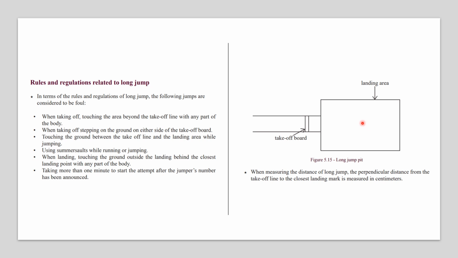So he will be leaving his mark along the landing area, but the distance is taken from the first point, like the first landing mark he makes in the landing area. So it's between the takeoff line and the closest landing mark, and that is measured usually in centimeters.